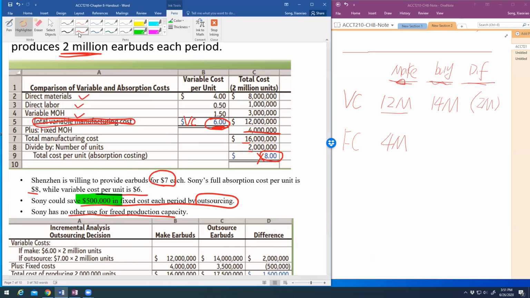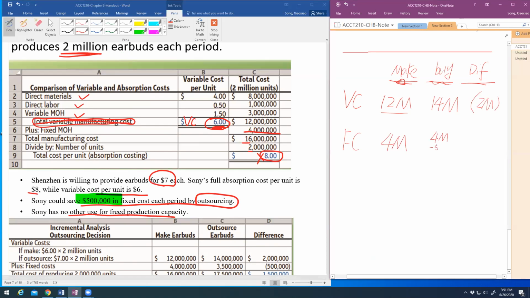Okay, so if we buy, our total cost will be 4 million minus 500,000. That gives us 3.5 million, right? So if we make, we have to pay the 4 million. If we buy, we save 500,000, so it's only 3.5 million. So we have a difference of 500,000.